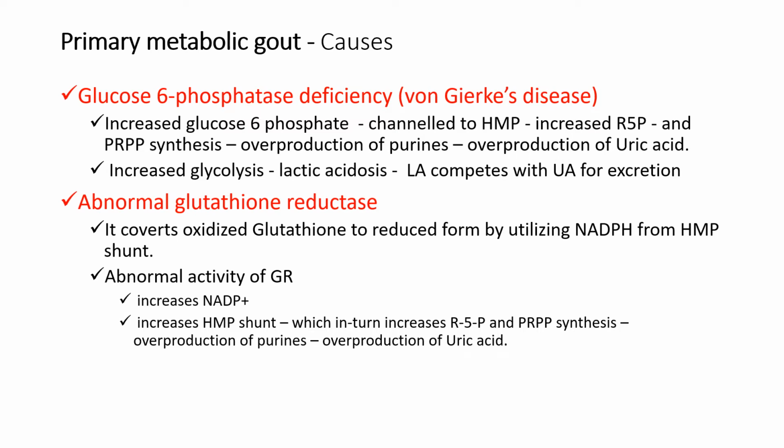Among the above mentioned inherited metabolic disorders, glucose 6-phosphatase deficiency is an autosomal recessive trait, whereas both HGPRT deficiency and hyperactivity of PRPP synthetase are X-linked recessive traits.